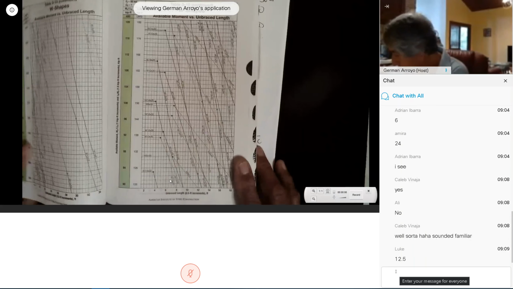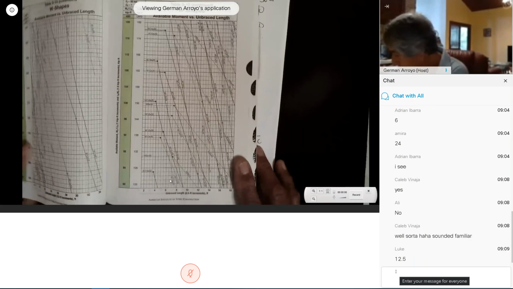And this is what I told you before: they already plotted the section for you. So in here, what is the unbraced length that we have? 24.